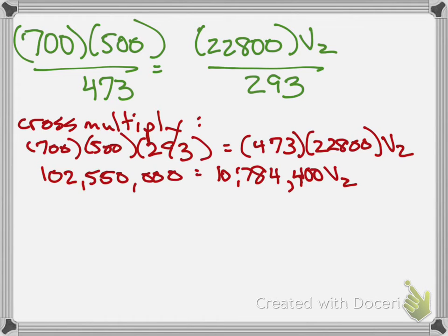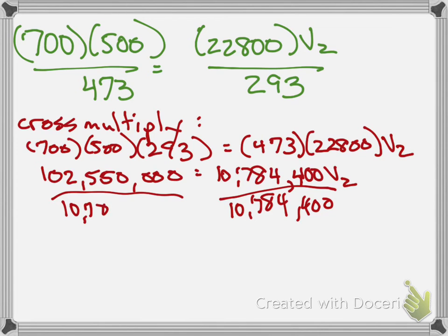And so what we end up with is two very big numbers on either side, and what we're going to do is divide the big number on the left, 102,550,000, by the big number on the right, 10,784,400. We're going to divide both sides by that very large number, and when we do that, we're going to get V2 by itself, which is always the goal.